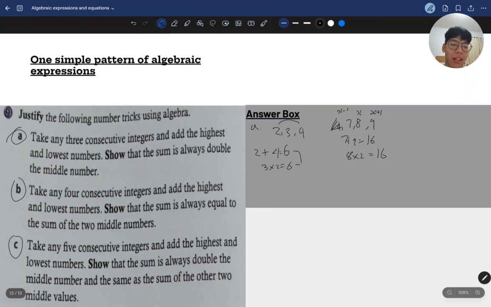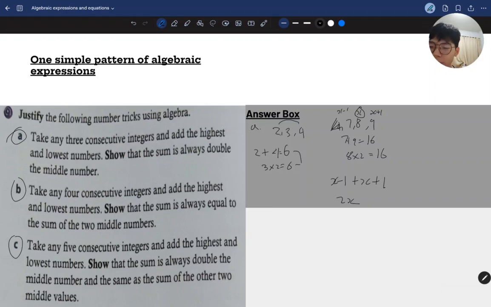If we add them, x minus 1 plus x plus 1, as someone who has learned how to simplify this, we should be able to do this, which is 2x. And the middle value is x. Therefore, the sum of the highest and lowest consecutive numbers is always double the middle number. That's how we prove it.